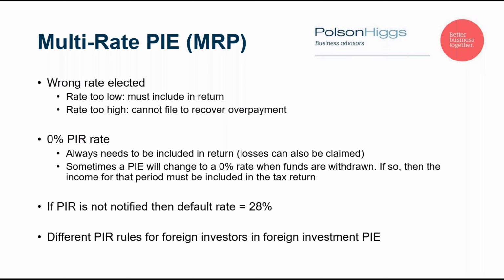And if that is the case, then you will need to include their income as assessable, even if previously they'd been on the right rate. If no PIR rate is advised, then the default rate is 28%. And there are some different rules there for foreign investors, which we will cover off later.